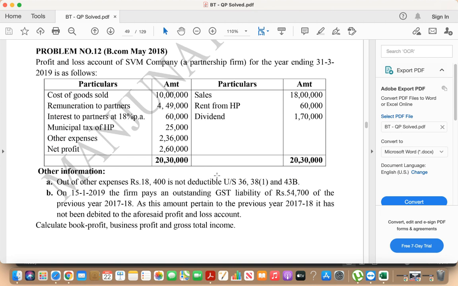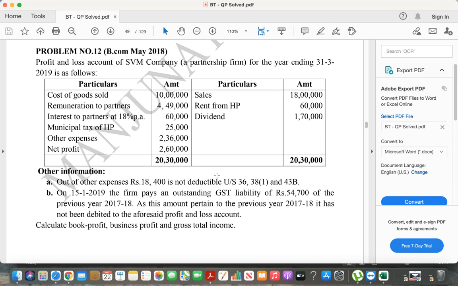Now go through the adjustments. Number one, out of the other expenses, 18,400 is already recorded. And number two, on 15/1/19, the firm pays an outstanding GST liability of 54,700 of the previous year 17/18.